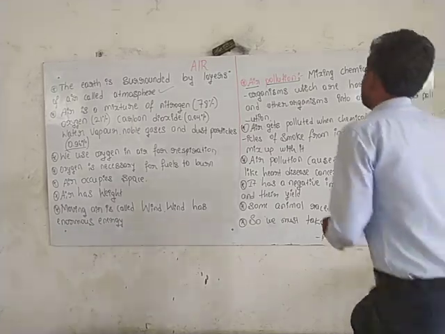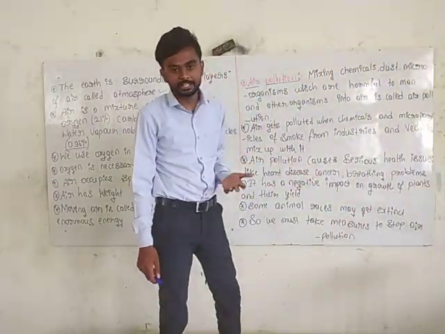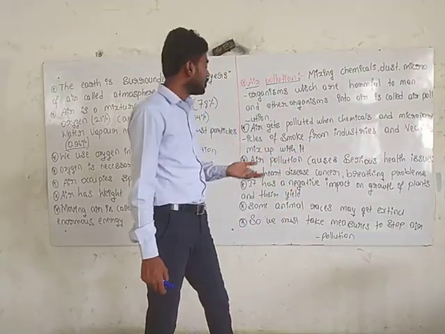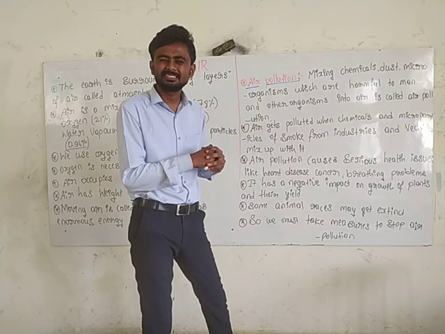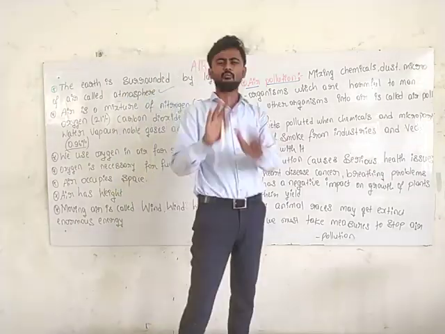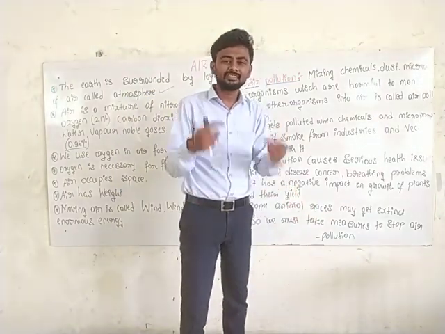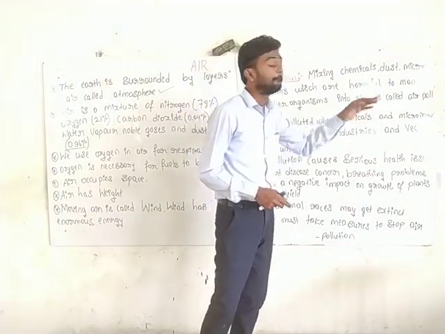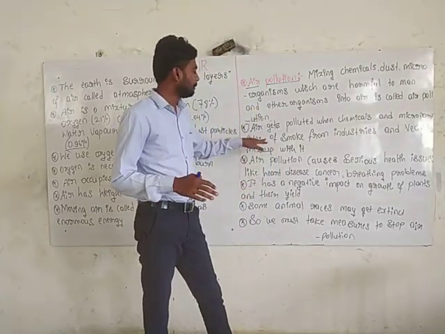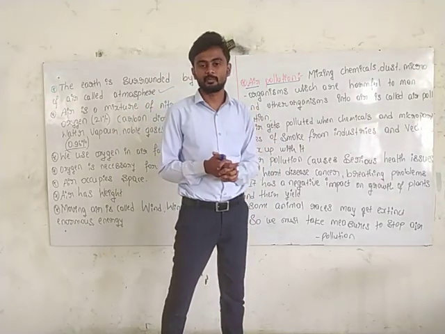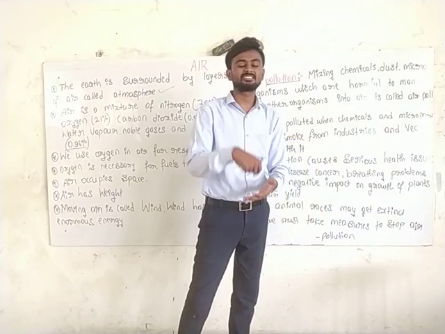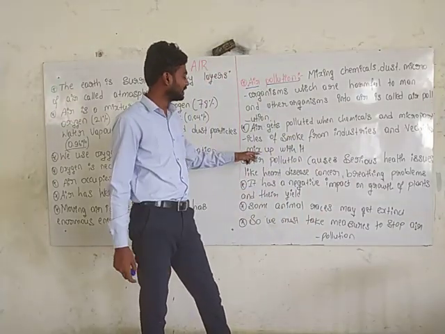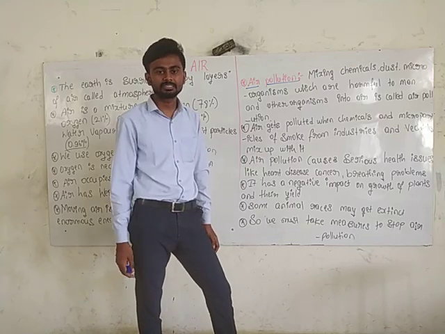Next. So air gets polluted when the chemicals and microparticles, it means dust particles, air gets polluted. Polluted means what? It is dirty. Yes. Air gets polluted when chemicals and microparticles of smoke from industries and vehicles mix up with it.